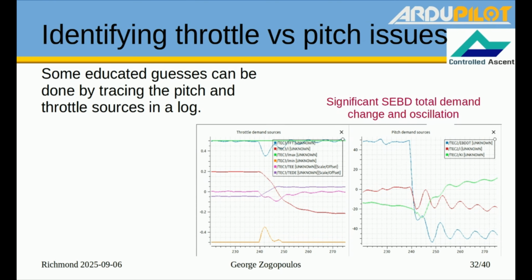So in this case, from this particular log, we see oscillation, and the throttle doesn't oscillate as much, but we get a lot of sudden variations on the pitch demand sources.